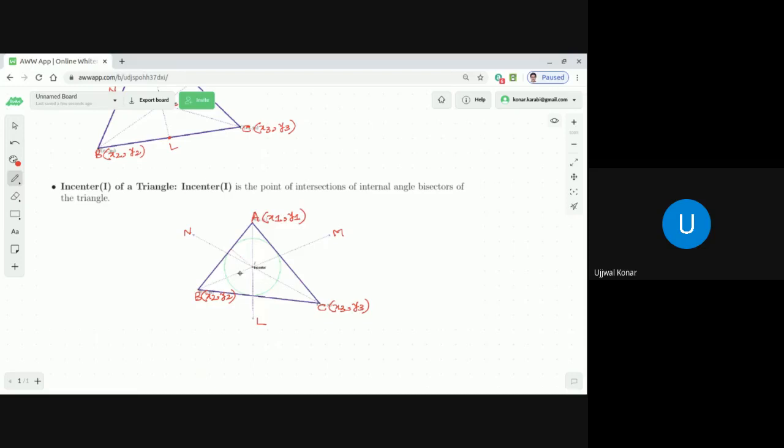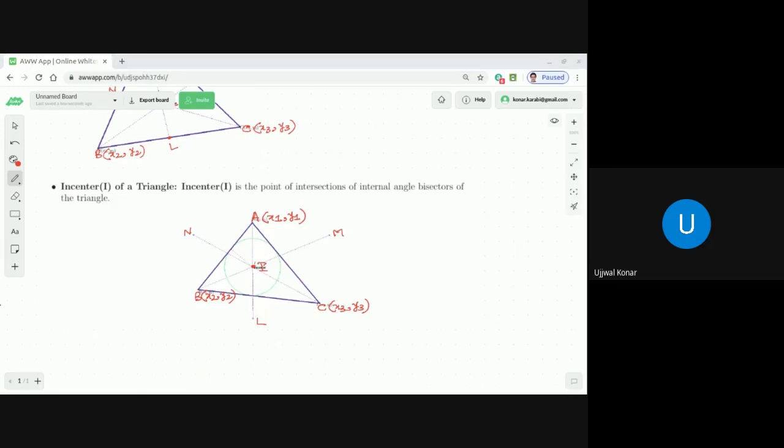Now all these three internal bisectors, that is AL, BM, and CN, intersect at a point, and that point we call an incenter, denoted by I. Now what we are going to find, dear students, is the coordinate of this incenter.